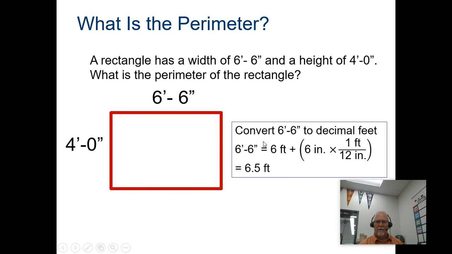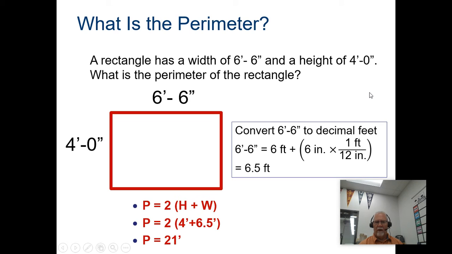So if we're going to convert that 6 feet 6 inches to decimal feet, we say 6 feet plus 6 inches divided by 12. The units of inch and inch cross out. That becomes 0.5. So 6.5 feet gives us the length of this side.